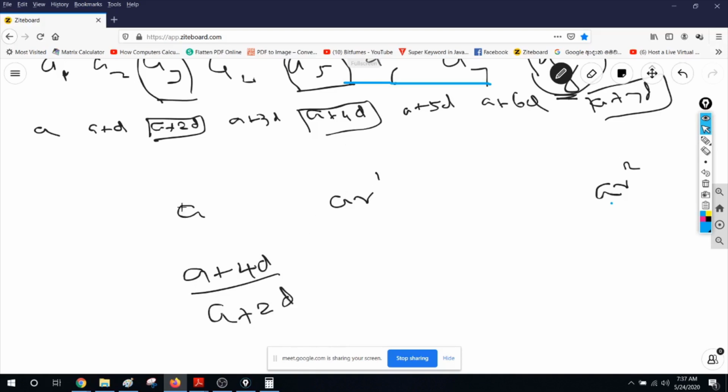This term and this term must be same as A plus 7D divided by A plus 4D. Right? So that must be the case because it says that these three terms are consecutive terms of a geometric series.